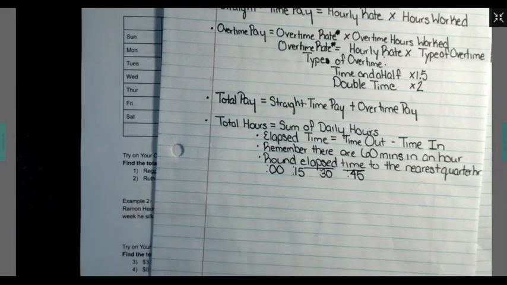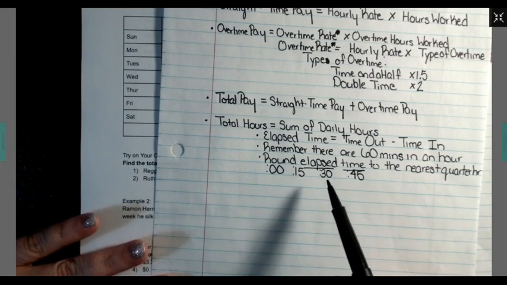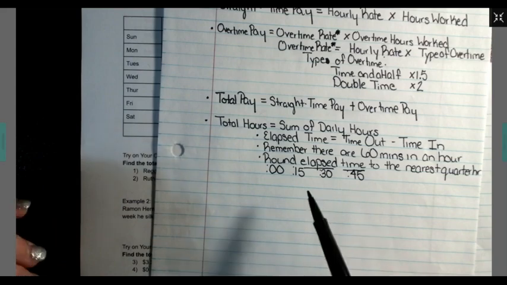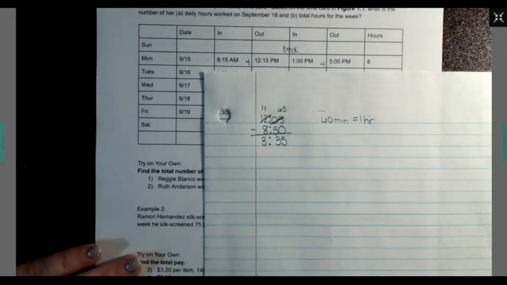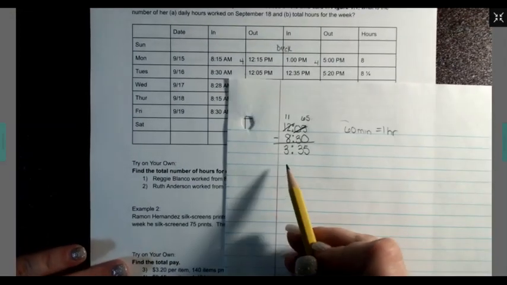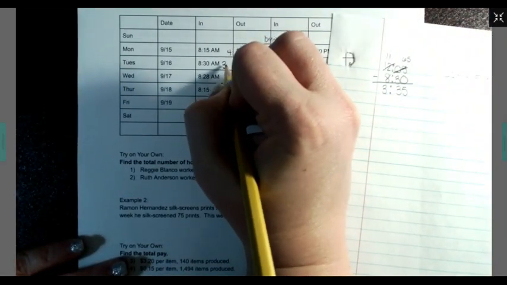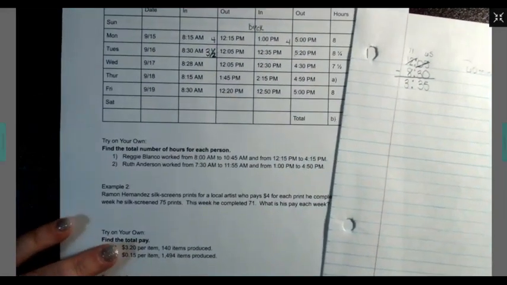So, the number 35 is my minutes column, right? Is that closest to 0, 15, 30, or 45? I would agree. It's the 30. So we would say for the first half of the day, it would be rounded to the nearest quarter is 3.5 hours. So we would write 3.5 hours. Okay.